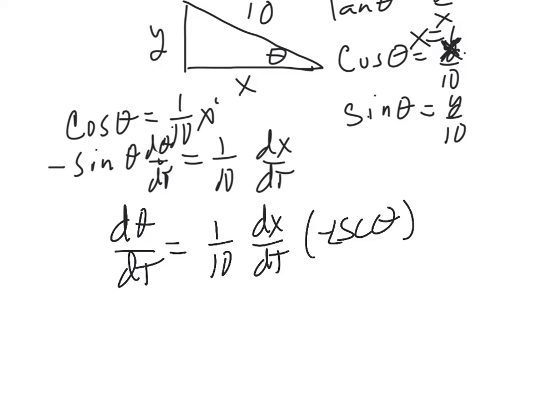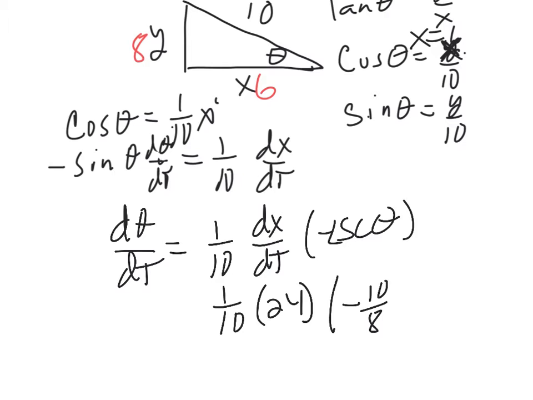Now we're just going to substitute some things in. Now remember, this is all that same instant of time. That's 6 and that's 8. And of course, we get the hypotenuse at 10. So we're going to do 1/10 times dx/dt, which is 24, times negative cosecant. Well, cosecant is hypotenuse over opposite. So that's negative 10 over 8.